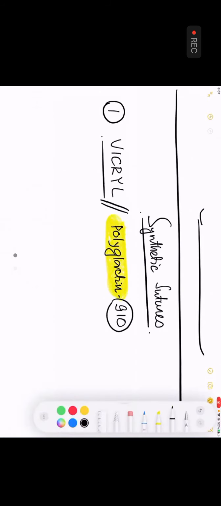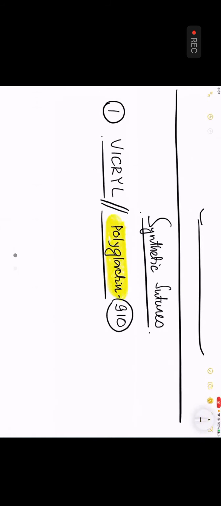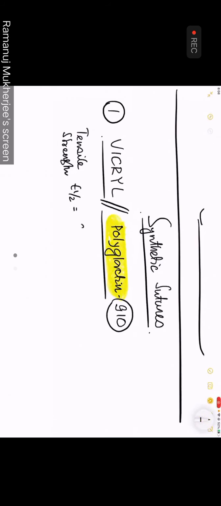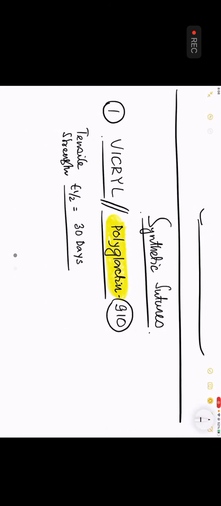Now, this polyglactin suture is a synthetic. The tensile strength, half is maintained for at least about 30 days. Remember this, number one. Number two, the absorption time is 50 to 70 days.